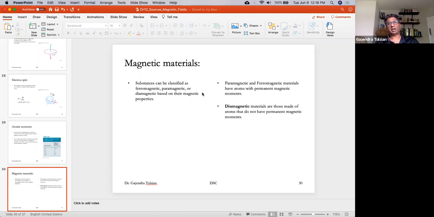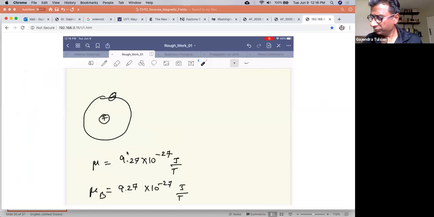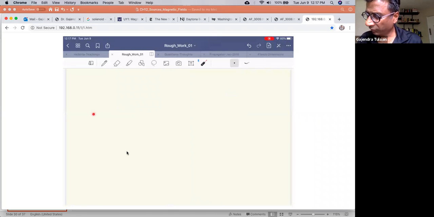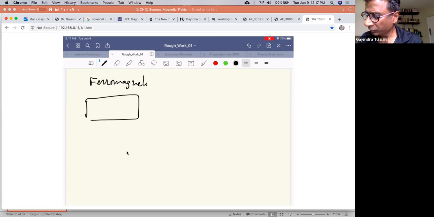If you put a paramagnetic material in a magnetic field, it'll acquire magnetization in the direction of the magnetic field. A ferromagnetic material can have strong magnetization.